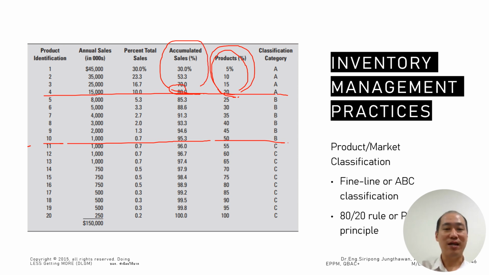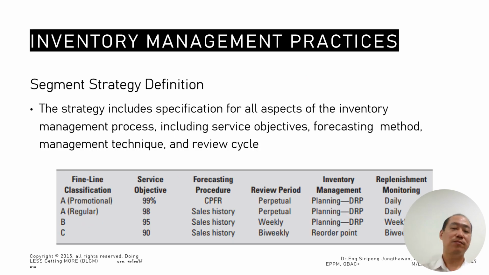We call that type A. And also type B is 80% to 95%. We call type B, and the last type C. So you have to use a policy to fit A, fit B, and fit C. It's not the same strategy. We use the Pareto idea, the 80-20 rule, or Pareto principle.